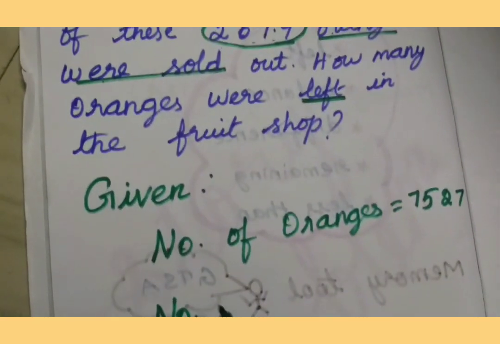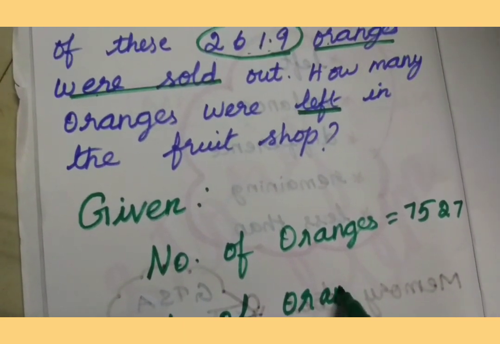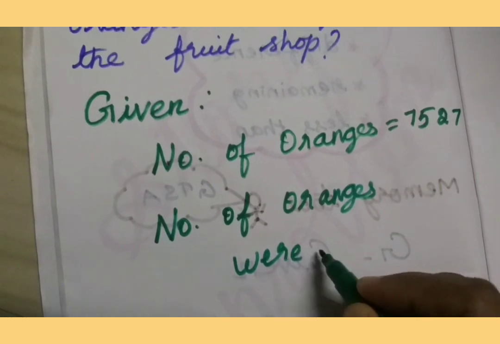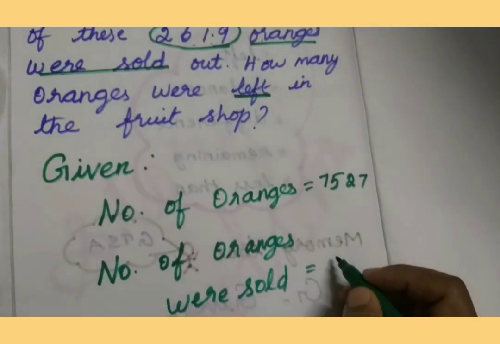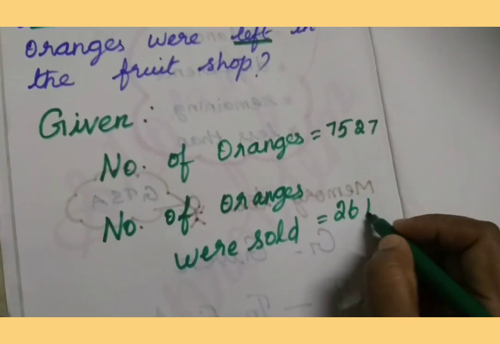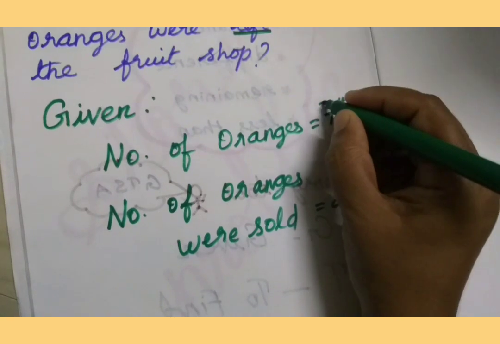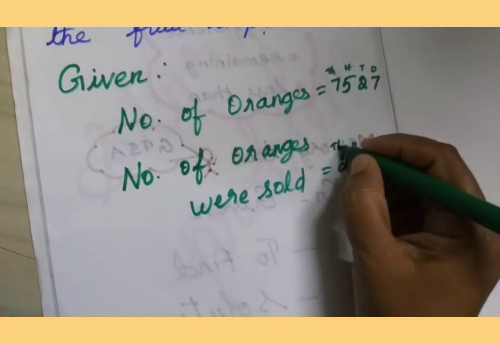So you should write the number of oranges were sold equal to the same number, and write the place: ones, tens, hundreds, thousand. Okay.